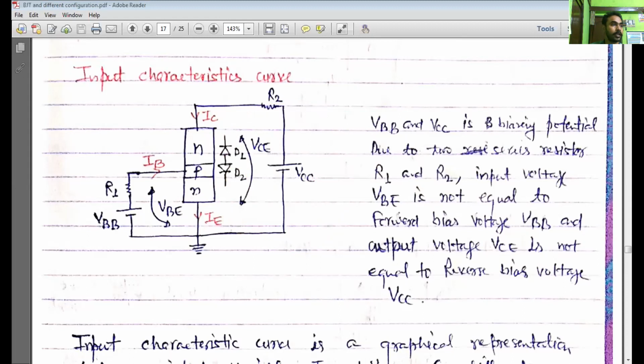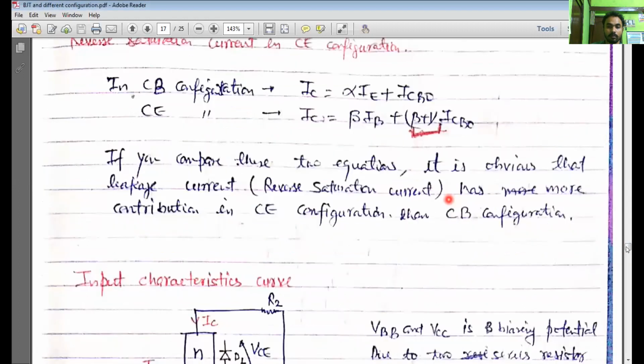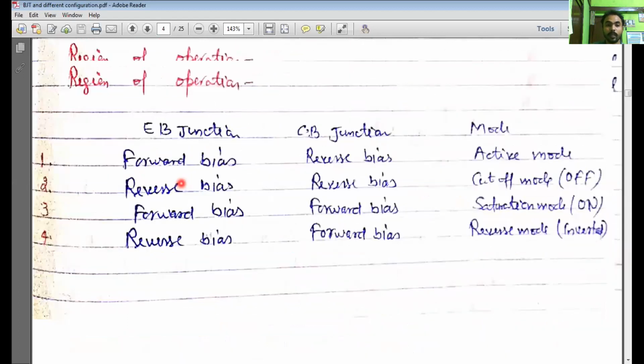And if you recall, if both the emitter-base and collector-base junctions are forward biased, the mode will be the saturation mode.